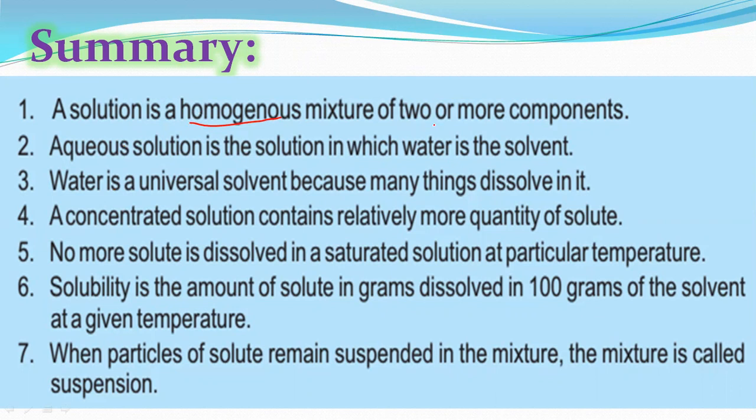A homogeneous mixture of two or more components is a solution. Then we saw aqueous solutions, in which water is the solvent, and that water is a universal solvent, with lots of examples. Then we saw the solution types: a concentrated solution, in which more solute is dissolved, and if less solute is dissolved, it is called a dilute solution.